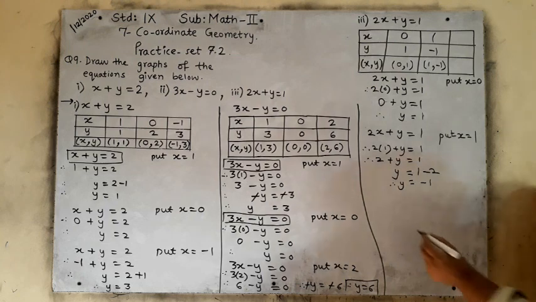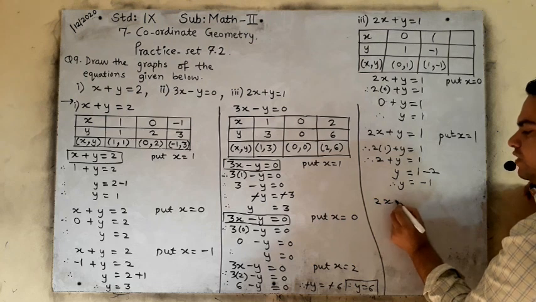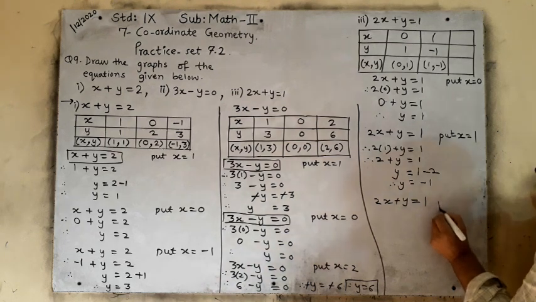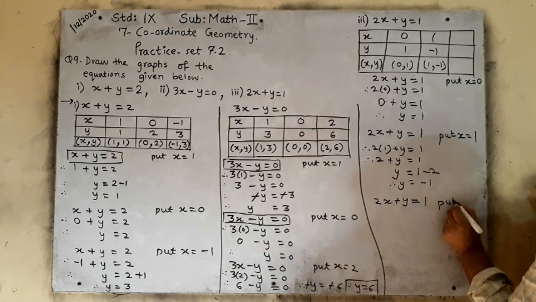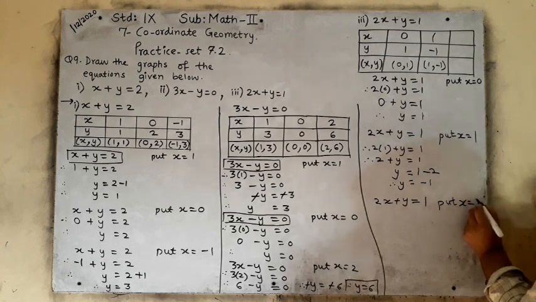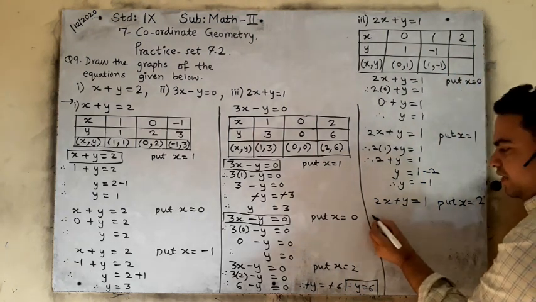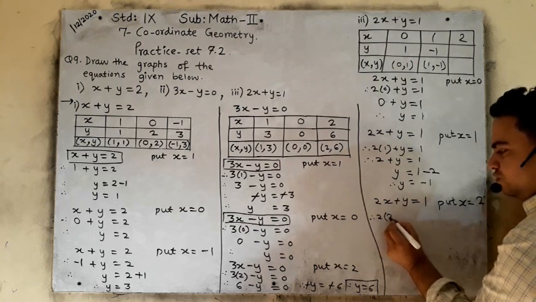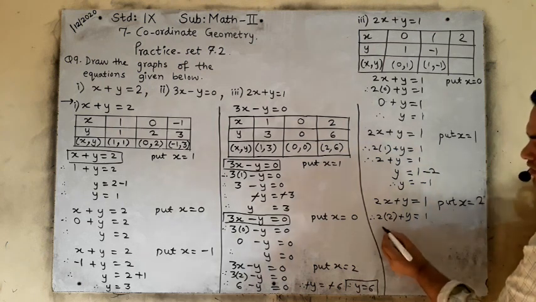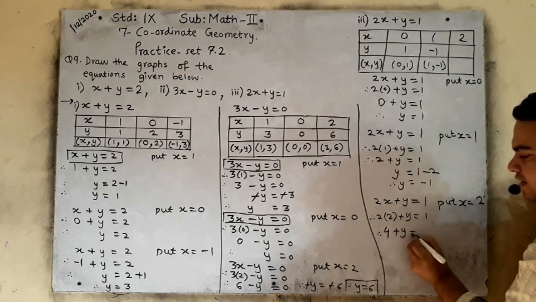I hope you understood. Again you will write this equation only, 2x plus y is equal to 1. Again you will put x value as per your choice. Put x is equal to 2. So now we will put x as 2, that is 2 2s are 4 plus y is equal to 1.